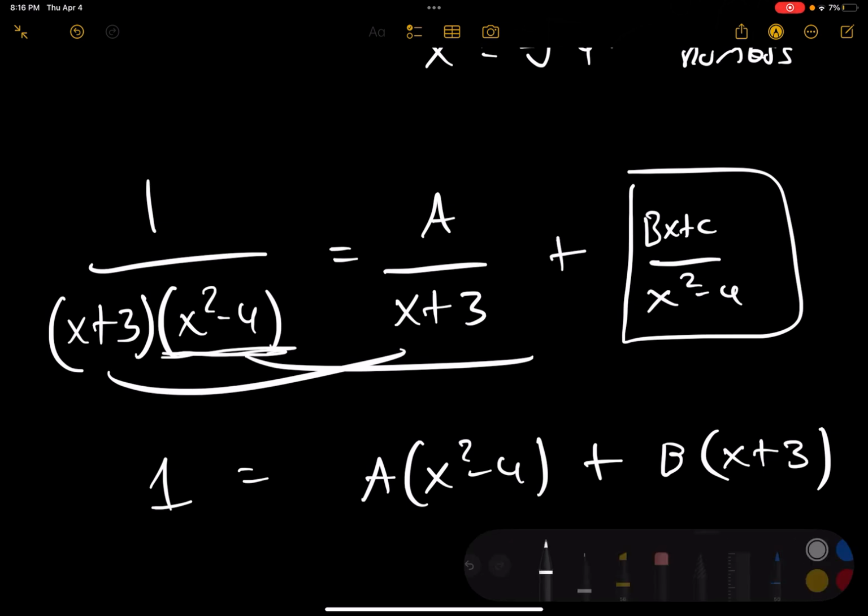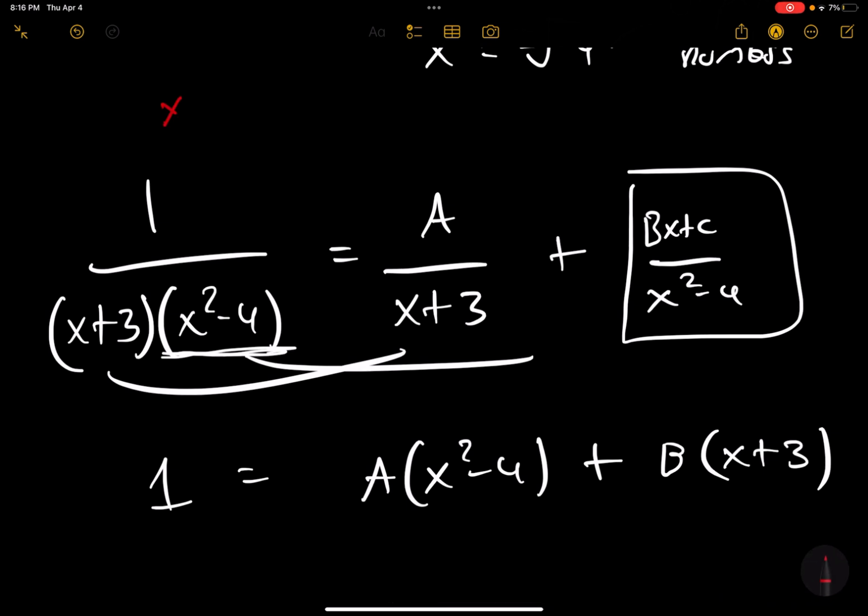Another example would be if we have x squared minus 5, let's just say, and you can only factorize it that way. Then if we have a over something plus b over x squared minus 5, that just cannot be b. It has to always have bx plus c, because we will have more values. This is not just going to be x plus 3 or something. It's a quadratic, so therefore multiple values in this instance.